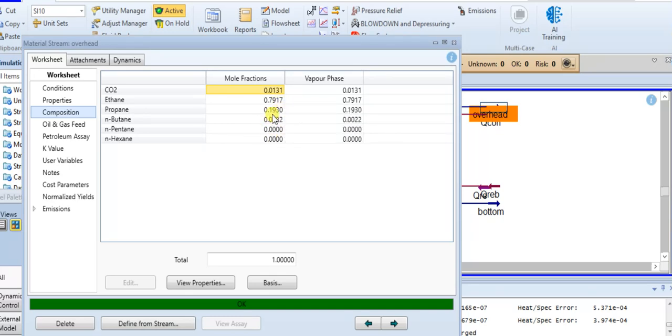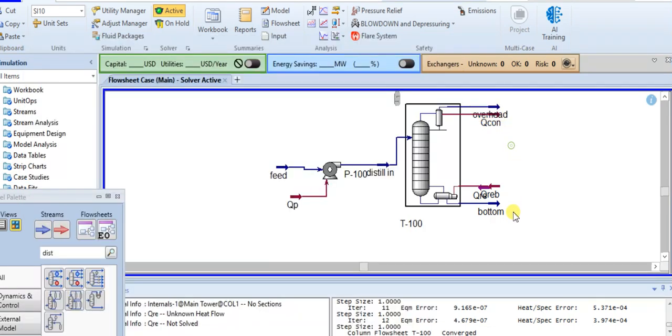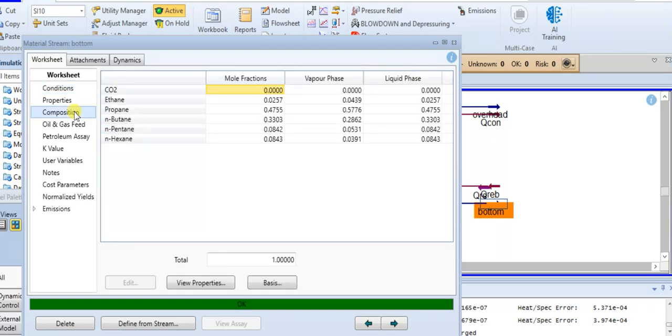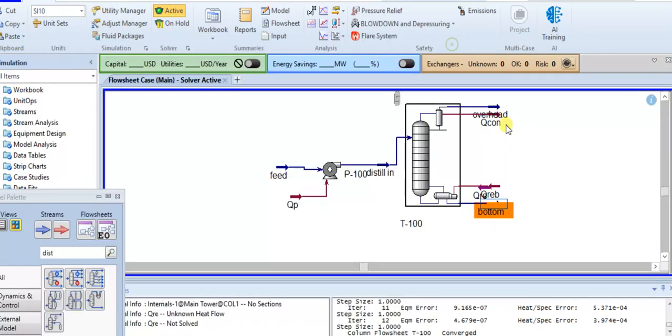Of course, we don't have higher components; butane and pentane all come to the liquid bottom. You can see we don't have CO2 in the bottom, CO2 is very light. So this one is done.